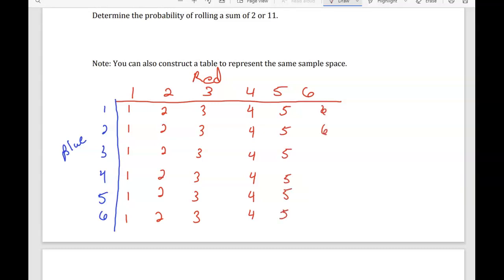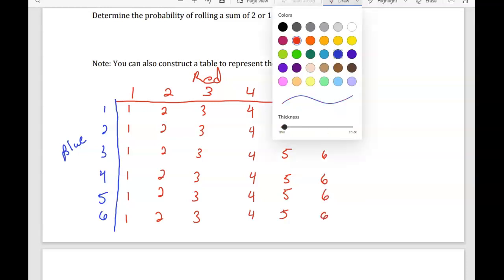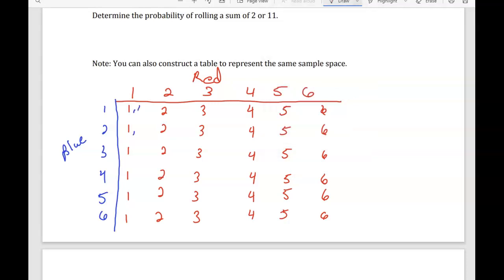Now, trying to figure out how many total values are in my sample space is another issue that we sometimes have. We need to look at how many options there are for each value. I'm going to come across with all my 1s for my blue, and then all my 2s, and so forth, and you'll keep filling in the table.